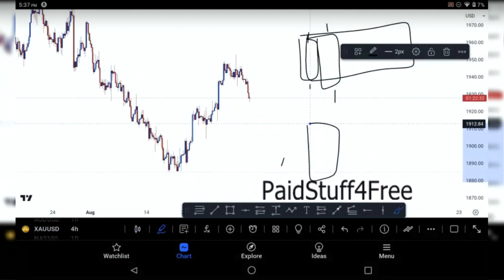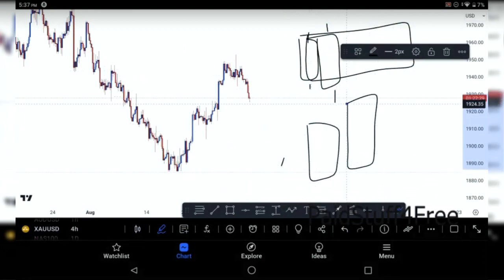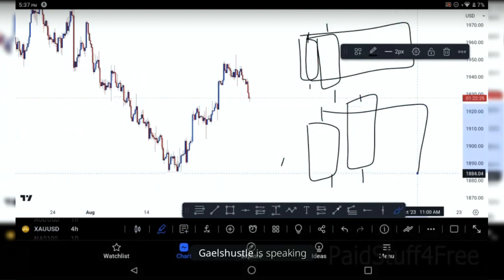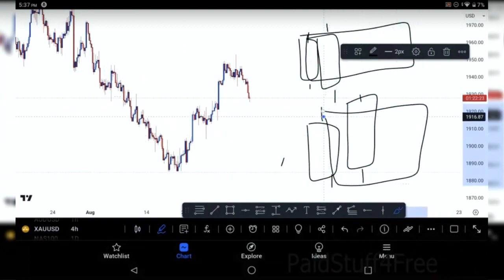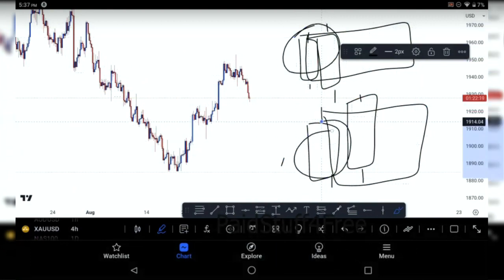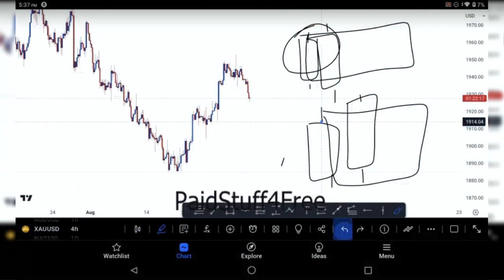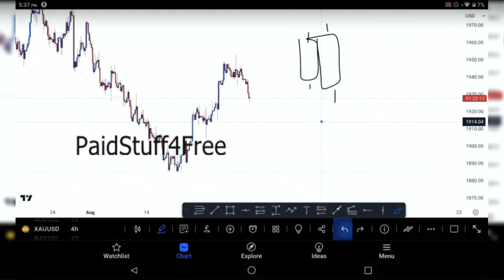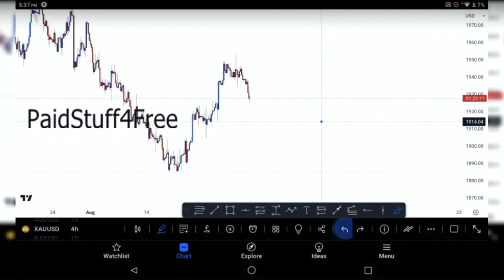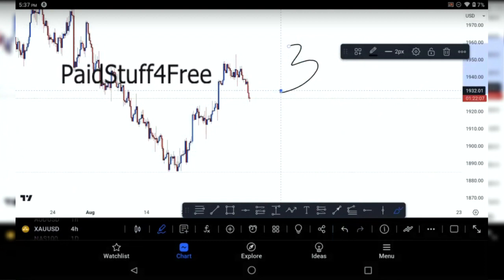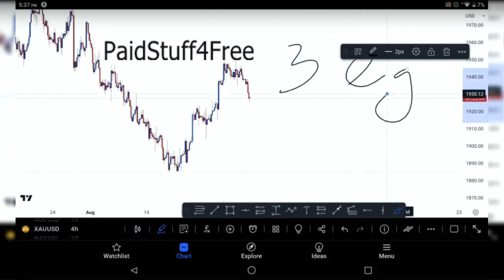So what type of engulfing is this? This is a bullish engulfing. Yeah, engulfing buy. This is engulfing sell, and this is engulfing buy. So basically, I always like to teach the formation of engulfing candles, and like I said, we have three types of engulfing, three types of EGs.